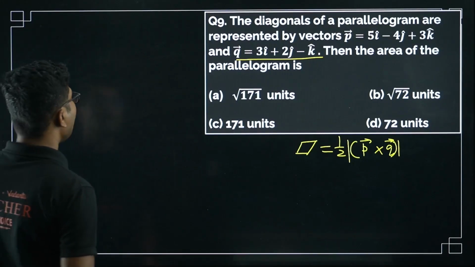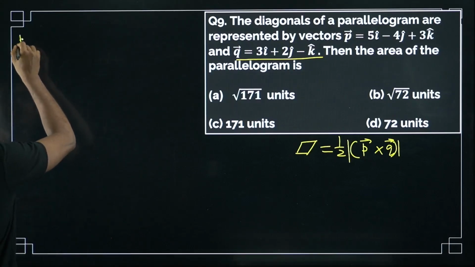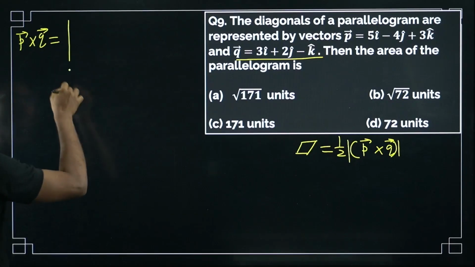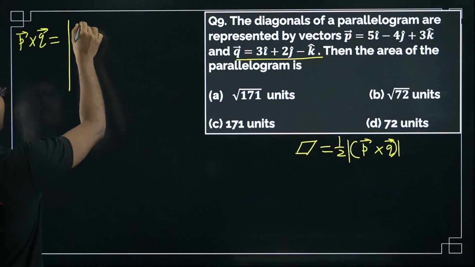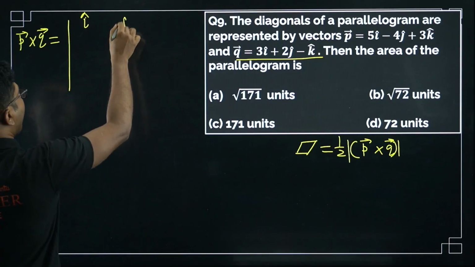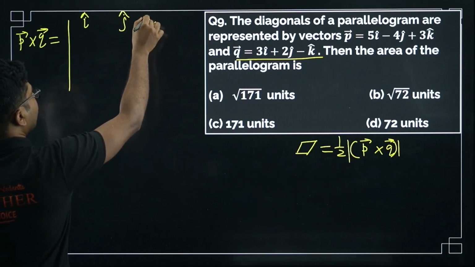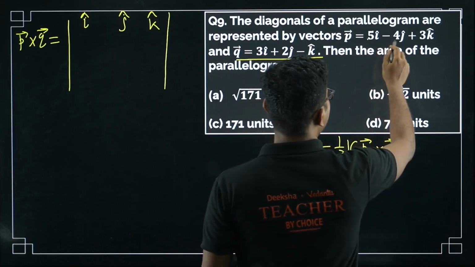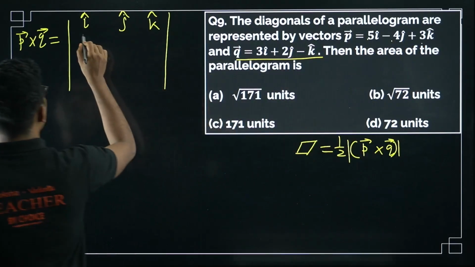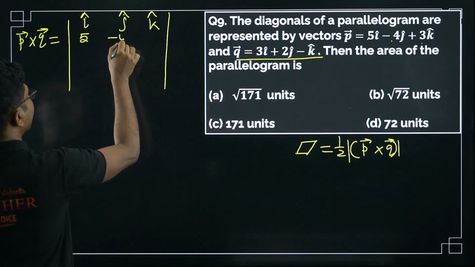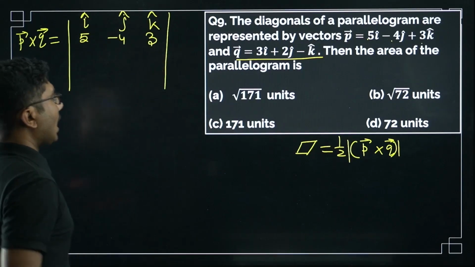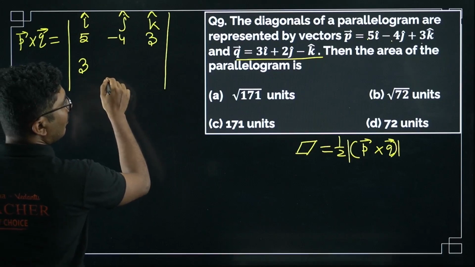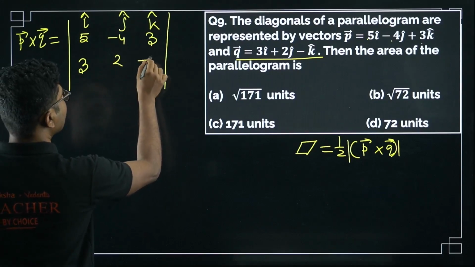Now how to do the cross product? P cross Q equals the determinant with i cap, j cap, k cap, then 5, minus 4, 3, and for Q, 3, 2, minus 1.